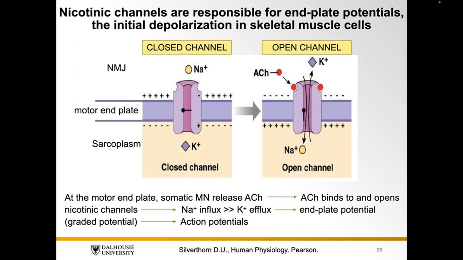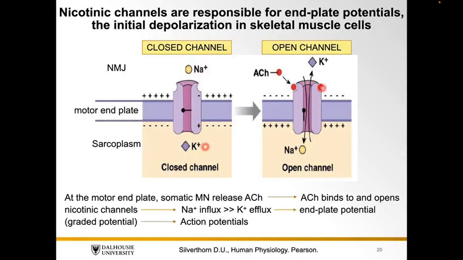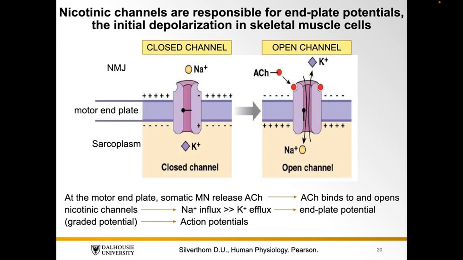So when our muscle cell is not stimulated, this nicotinic channel is closed and neither sodium nor potassium can move. When acetylcholine binds to this channel, it opens. And as we know, sodium comes in based on its electrochemical gradient and potassium comes out based on its electrochemical gradient.